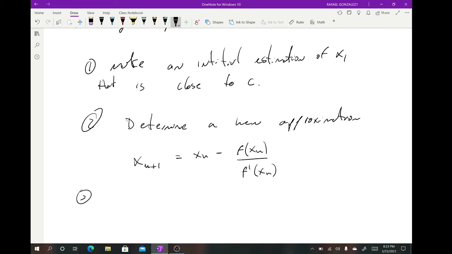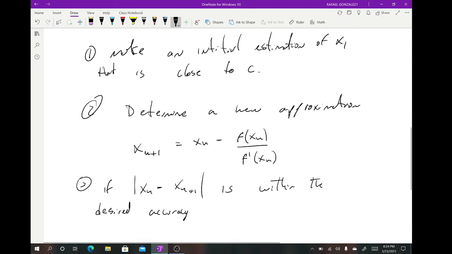And three, if the distance between x sub n and x sub n plus 1 is within the so-called desired accuracy, then we let x sub n plus 1 serve as the final approximation.